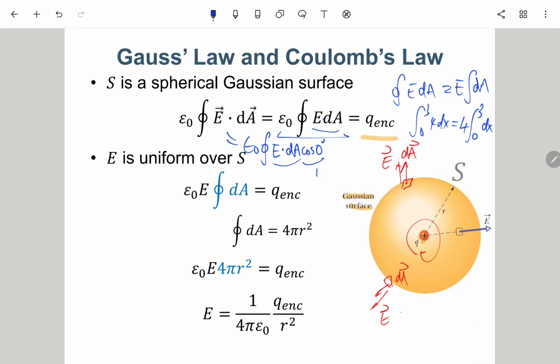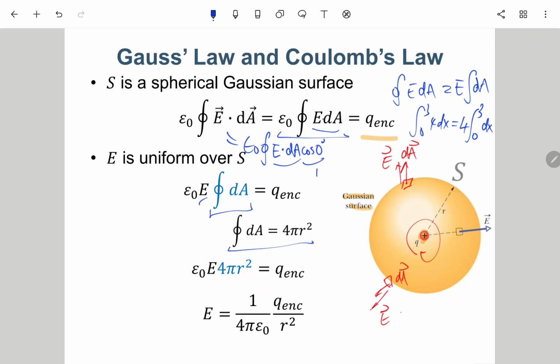They are all equivalent. So we just put E in the front, and what remains is nothing but the surface area of the sphere.